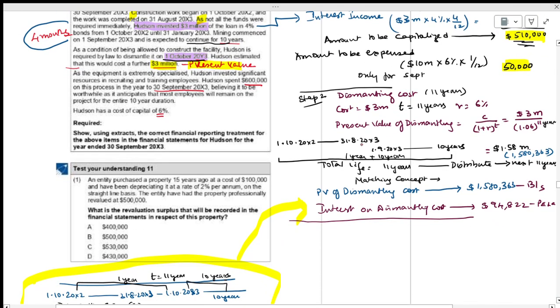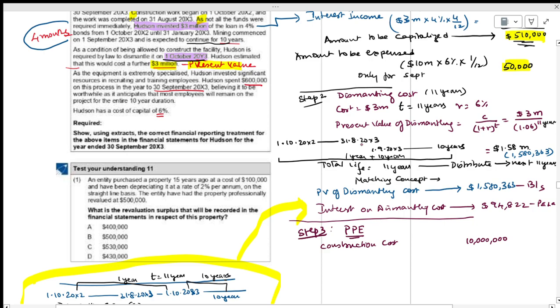Now, what is the cost of property, plant and equipment? Step 3. Property, plant and equipment. What is the cost we have? Construction cost is how much? Construction cost is 10 million.